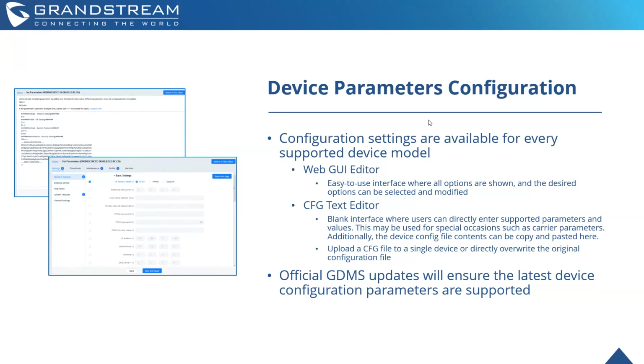And then device configuration files can also, of course, be copied and pasted here if you'd rather do it that way. You can upload the CFG files to a single device, or you can overwrite the original configuration file as well.